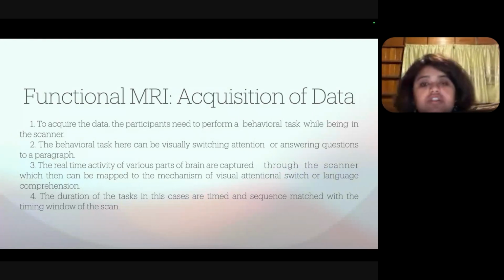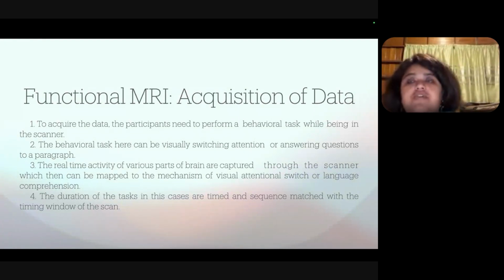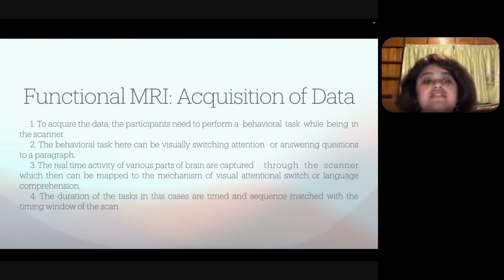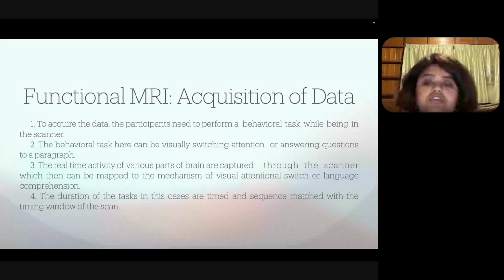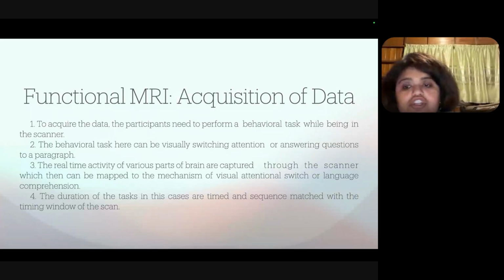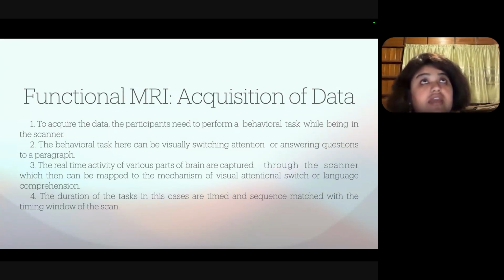It can be visually switching of attention, it can be answering questions to a paragraph, and in this case, the real-time activity of various parts of the brain is captured through the scanner. So we can see what brain regions are associated with the mechanism of visual attention or language switch or language comprehension, etc. These I have discussed.